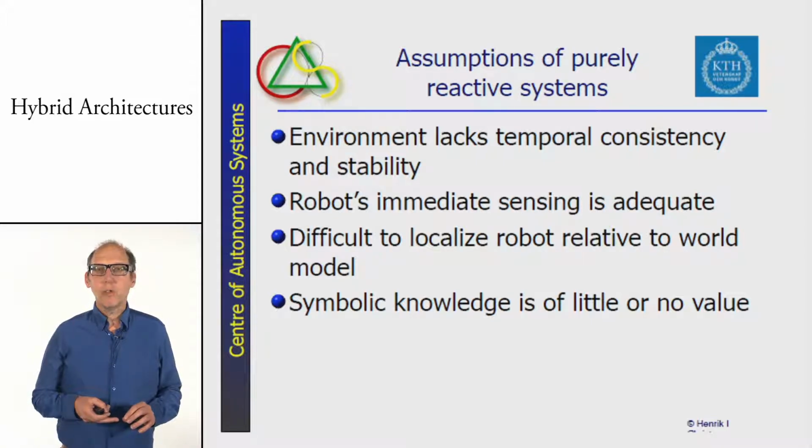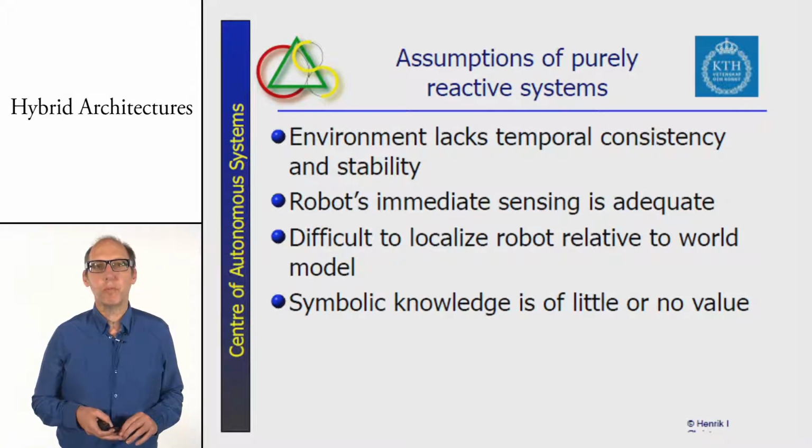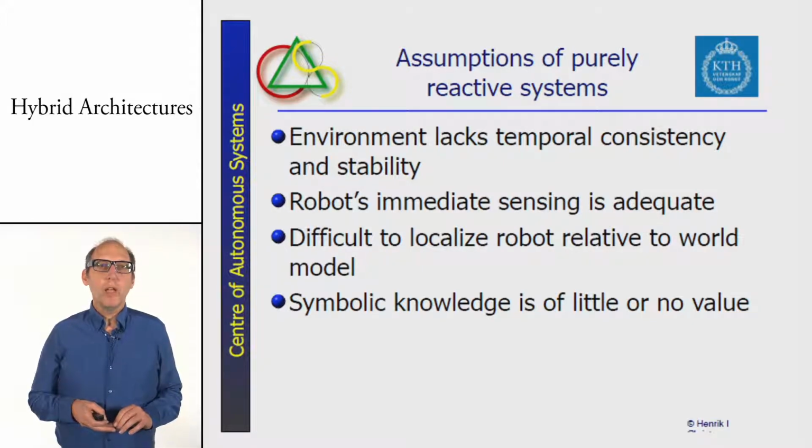Yet, that's good if the robot is wandering around aimlessly, but at the moment that you have to localize the robot and give it a task a little bit further away, and for instance, if you have a space robot that can be really, really far away on a different moon, then it's quite hard to do everything reactive.